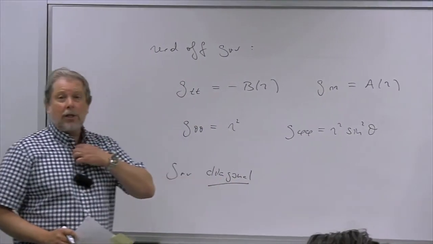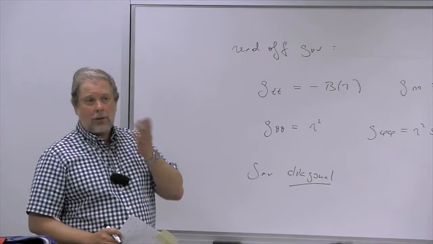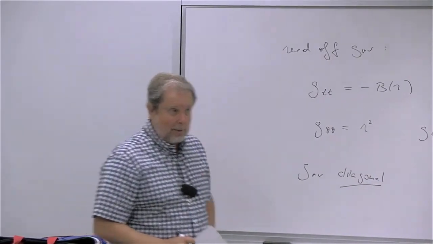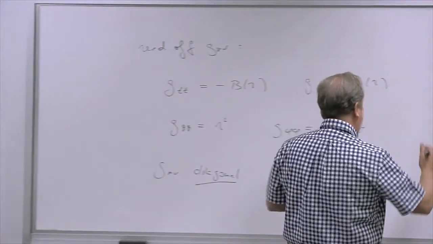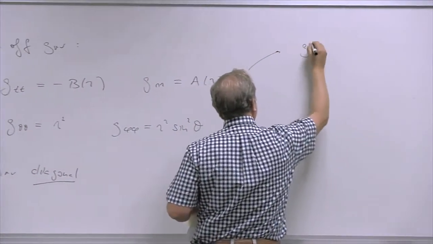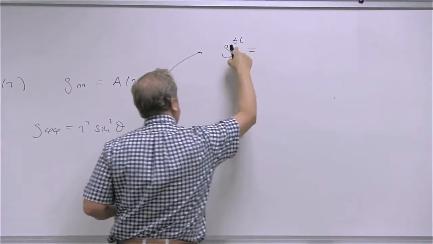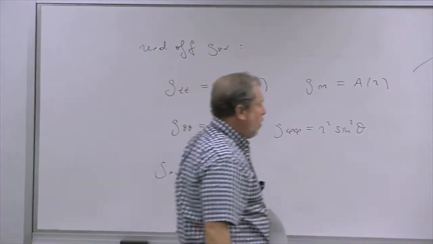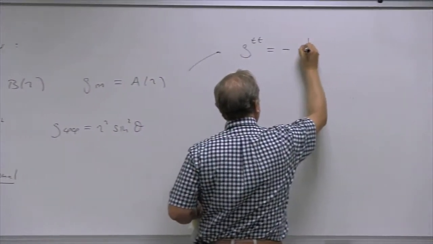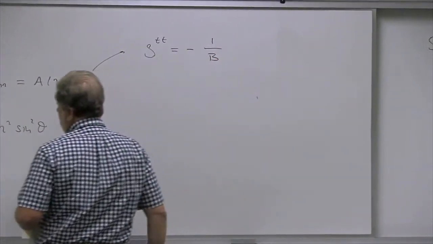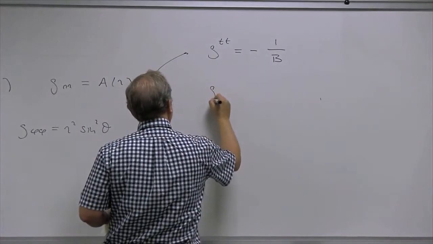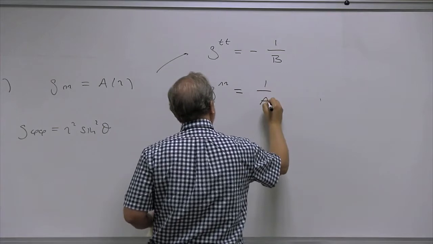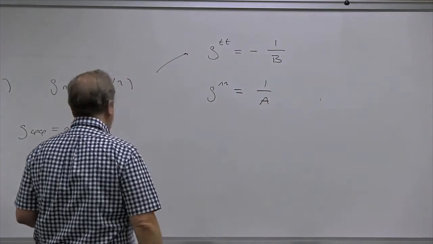Because if you have a matrix that's just diagonal, then the inverse is trivial, because you just take the matrix elements along the diagonal and invert those, right? So we have the g^tt, you see now the indices are upstairs, is minus 1 over B. And the g^rr, again with the indices upstairs, is 1 over A. And of course the other two, same story.